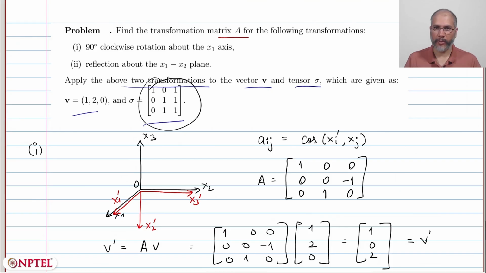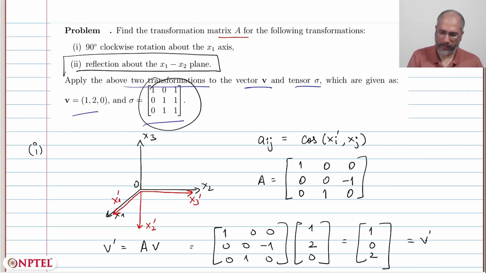I'll leave it to you to do the multiplication of these 3 by 3 matrices and find out what sigma prime is. So let's move on to part 2, which is reflection about the x1 x2 plane.